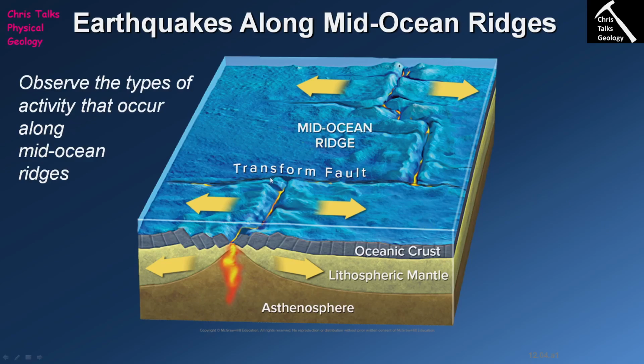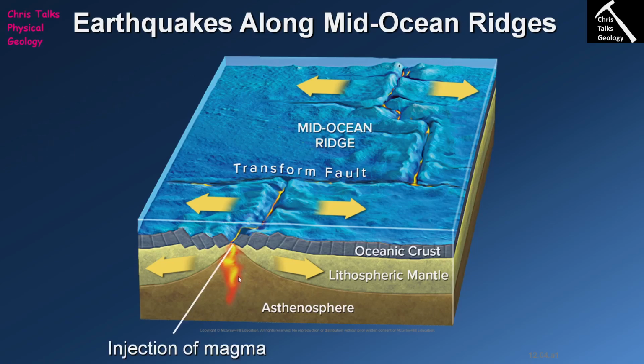So what processes are occurring along this divergent plate boundary that are going to lead to earthquakes being formed? So we've already touched on the fact that underneath the divergent plate boundary we are going to have the mantle rising up, and it's going to melt through decompression melting. And of course this is going to produce very large quantities of magma, which is going to start rising through the crust.